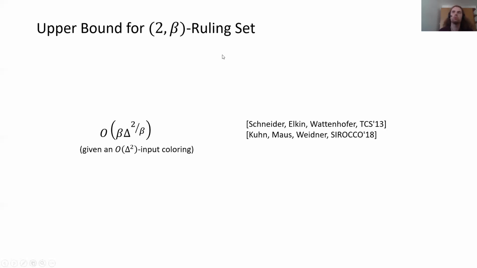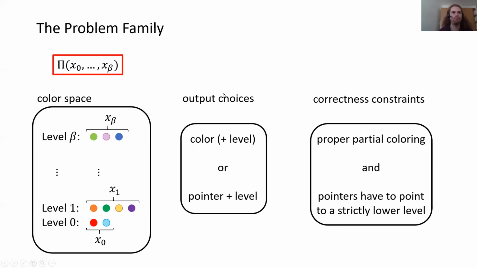And then we will use the class of problems that we define to build our upper bound sequence from this. We will see how we can profit from having both ruling set and coloring features in the same problem.